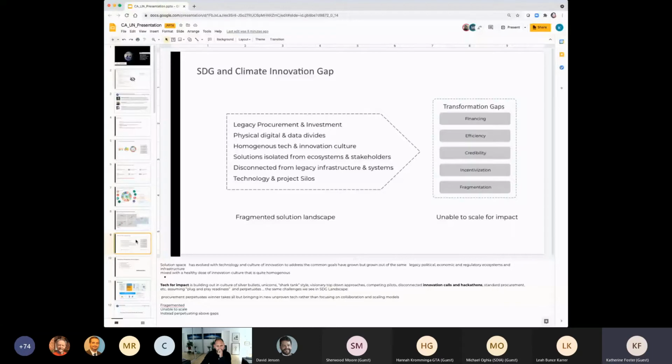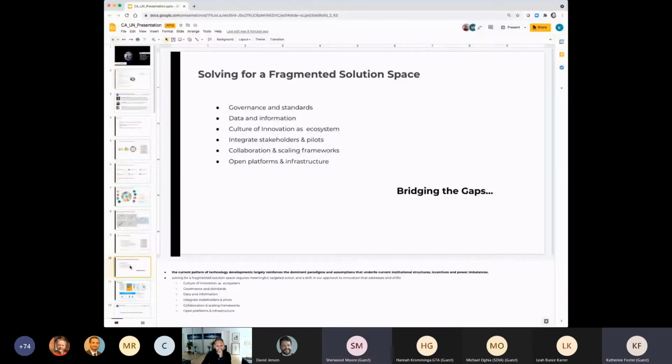And in order to solve for that solution landscape, through these various studies and initiatives, we've realized that we need to address a number of things, including governance and standards, data and information, the culture of innovation itself in terms of an ecosystem rather than as a one-off process. We need to integrate stakeholders and the pilots, and we need to do this through collaborative processes, scaling frameworks, open platforms, and infrastructures.